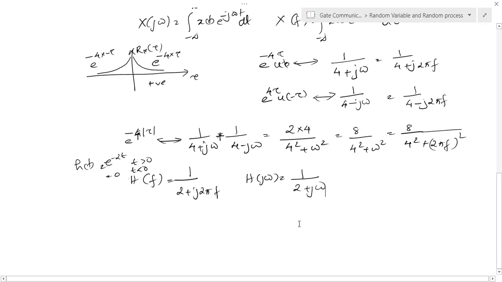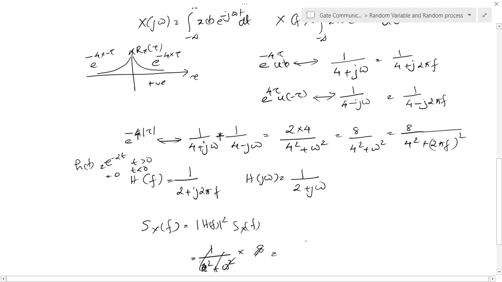And now we can apply the power spectral density concept here. The output power spectral density is modulus of h of f the whole square into input power spectral density. So if you take the modulus of h of j omega, it's simply 1 by 2 square plus omega square into the other term, 8 by... we have written in terms of f, so we can use the other notation.